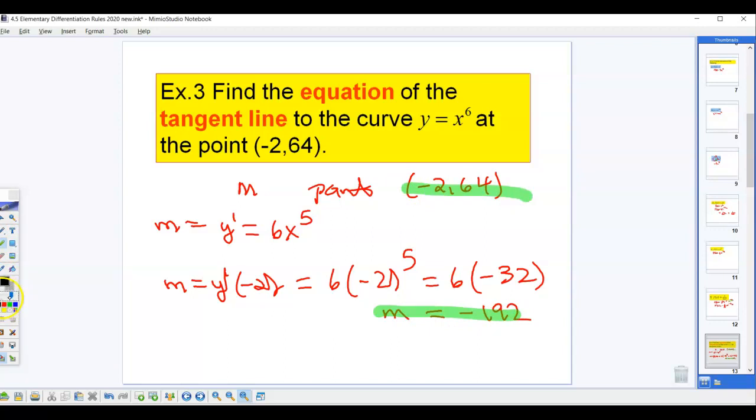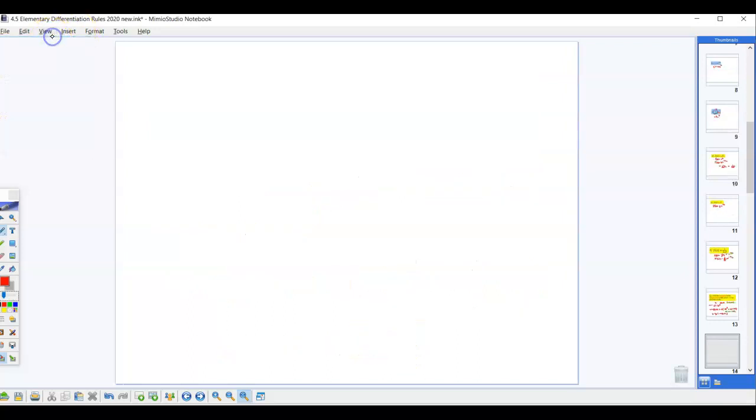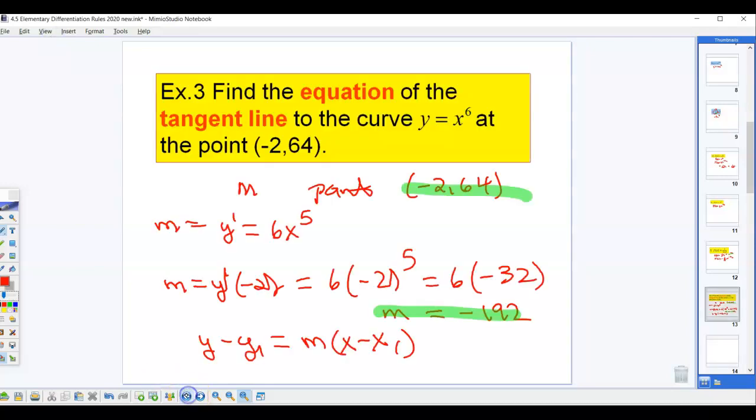I need the slope. I have my point, and now I can find the equation of the tangent line. To find the equation of a tangent line, we will use the equation y minus y1 equals m times x minus x1. Let's get a new page here. If I look back at my point, it is 64.